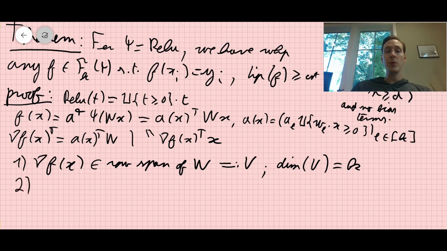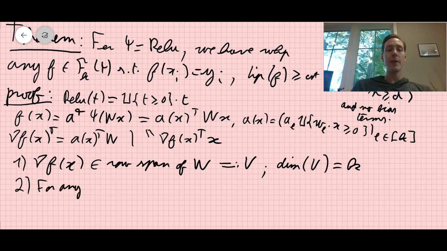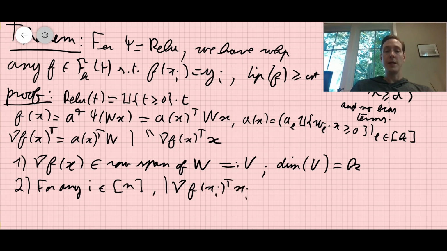But we also know that in this K-dimensional subspace, we can correlate with any xi. So for any i in 1 through n, we know that the inner product of grad f of xi with xi is 1.